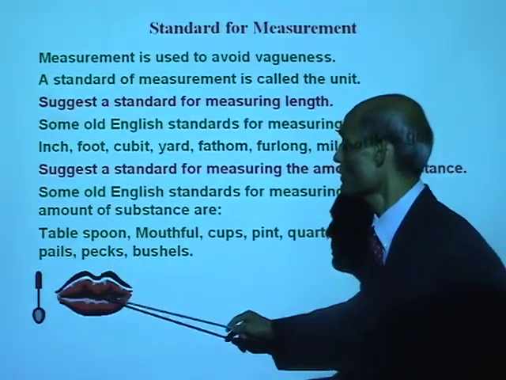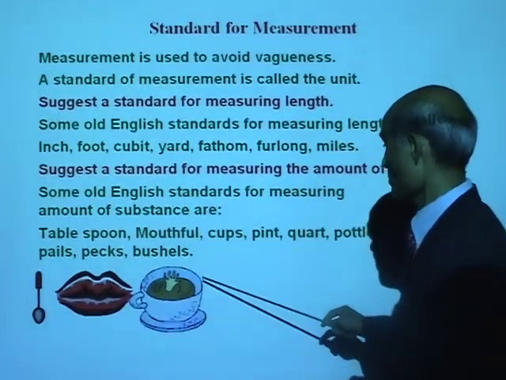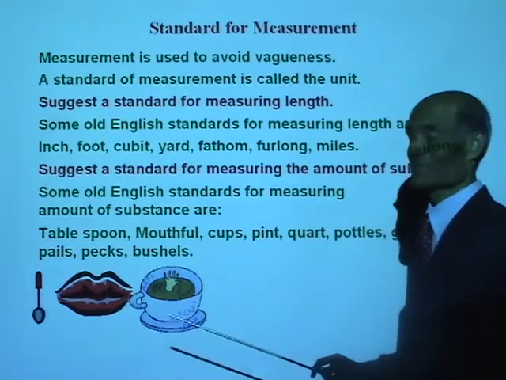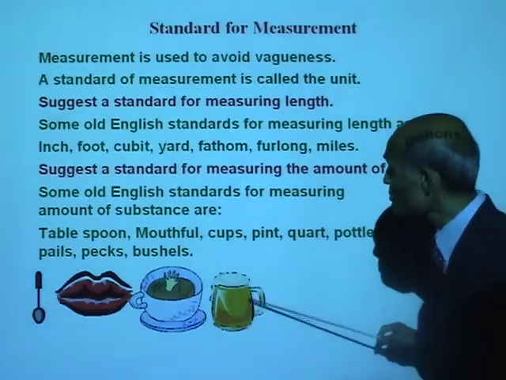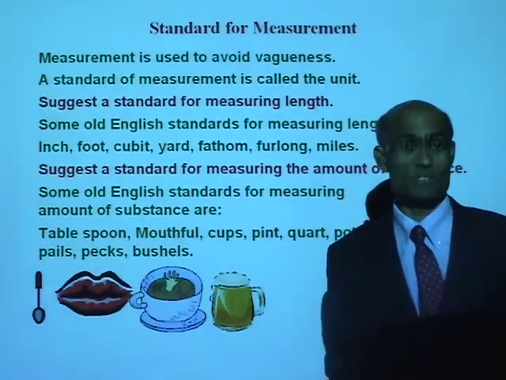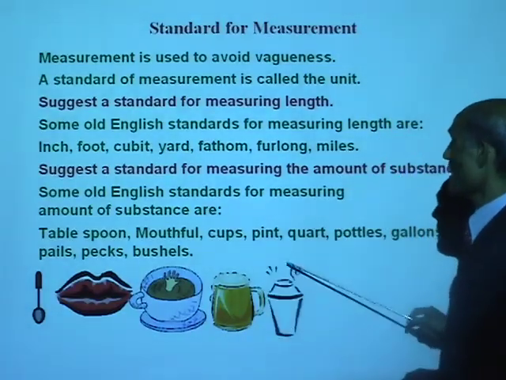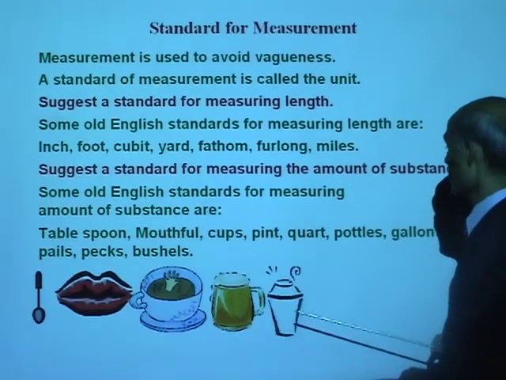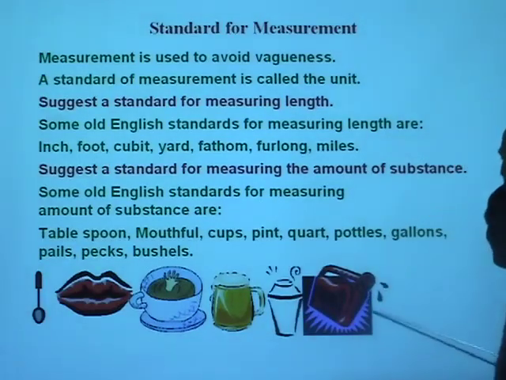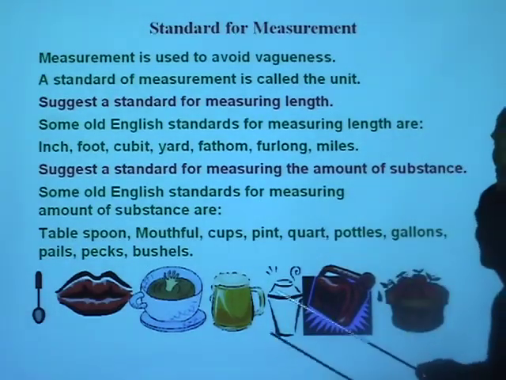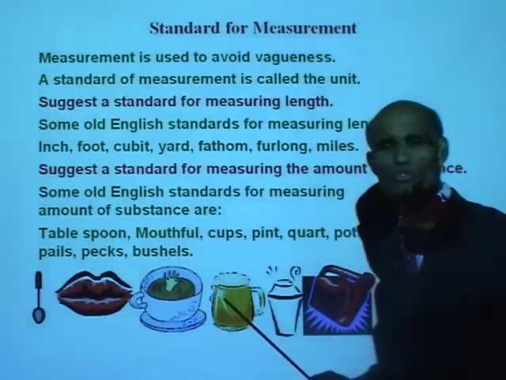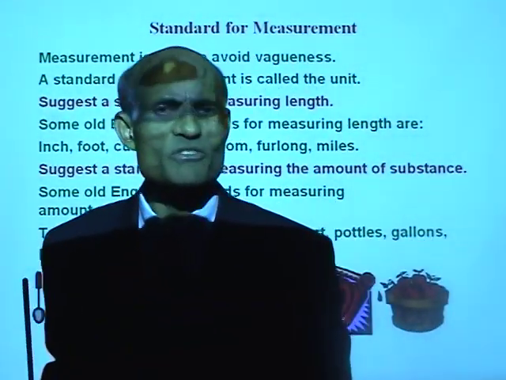So, tablespoon, mouthful, cups, a pint. Well, that's all right. You go to a pub and ask for a pint of beer. Well, a quart, bottles, gallons, pails, pecks, and bushels. You've heard of all those units, is that right?